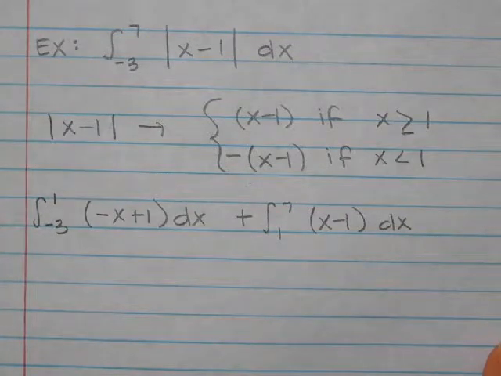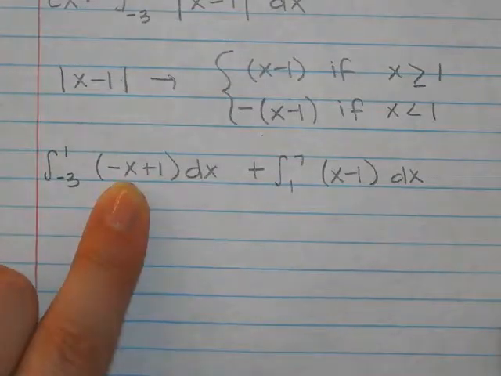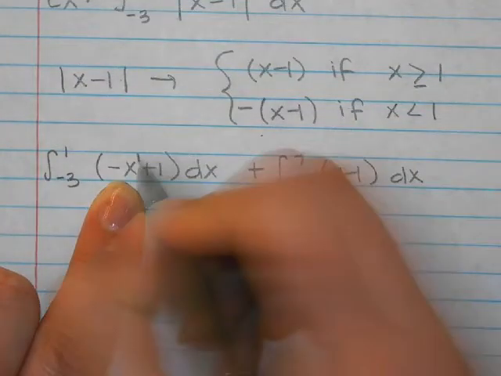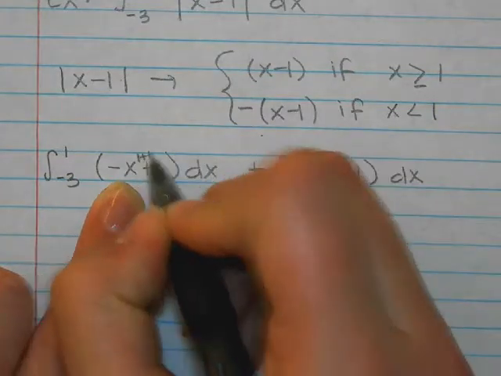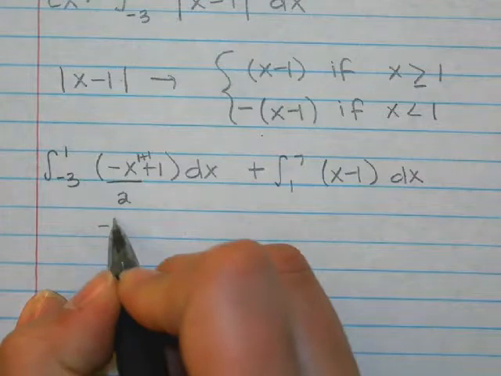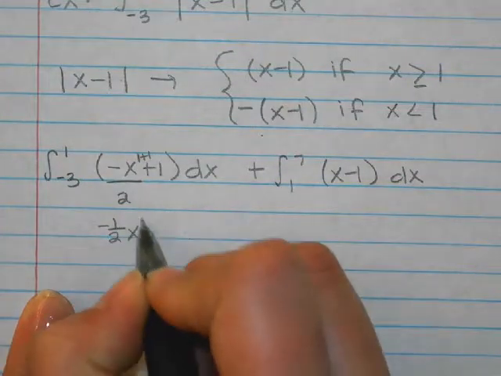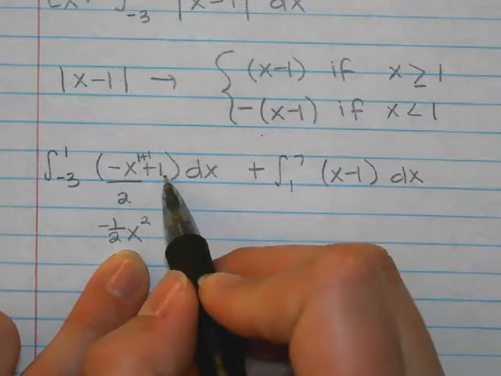Okay, so now what do we do to integrate? We use our properties. Yeah, we use our little rules, right? So -x currently has an exponent of 1. What am I going to do? Plus 1 and divide by 2. And so that gives me negative 1/2 x squared, plus, and what do we do with the 1?